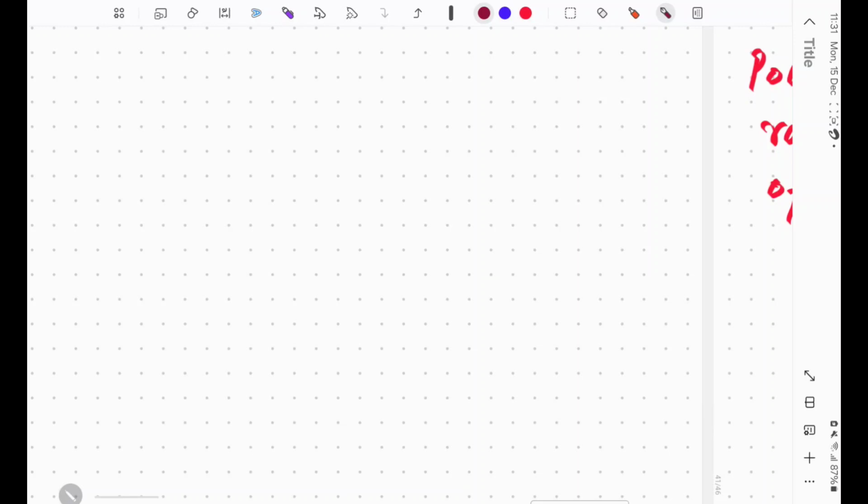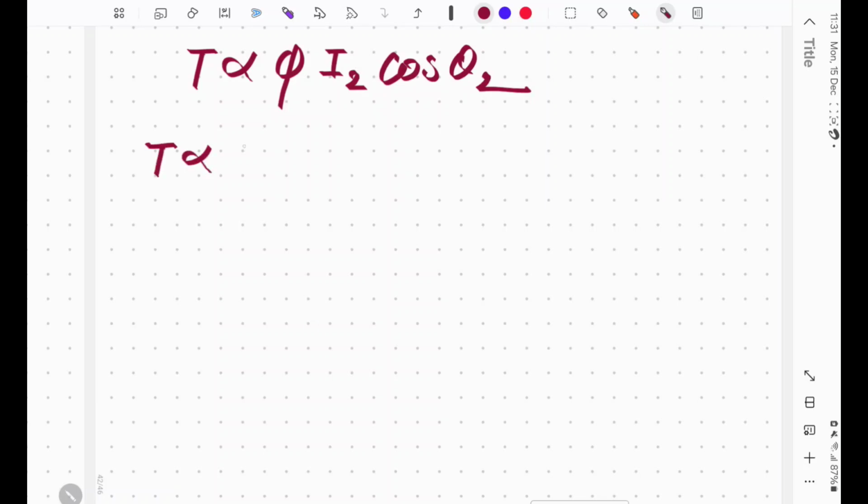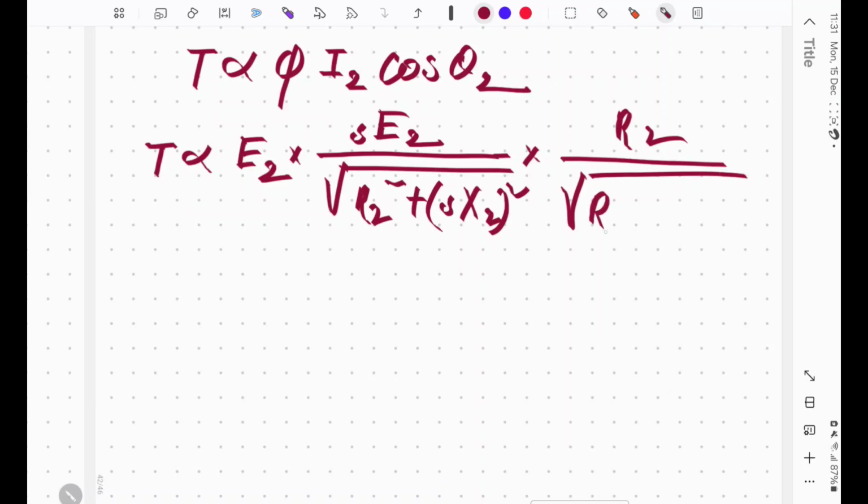The initial torque equation was T proportional to phi I2 cos theta 2. Now if we put all three values here, we get T proportional to E2 into S E2 by root over R2 square plus (S X2) whole square into R2 by root over R2 square plus (S X2) whole square.